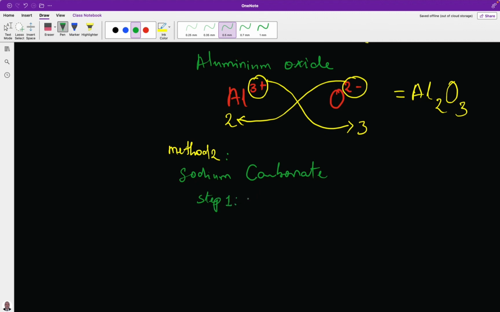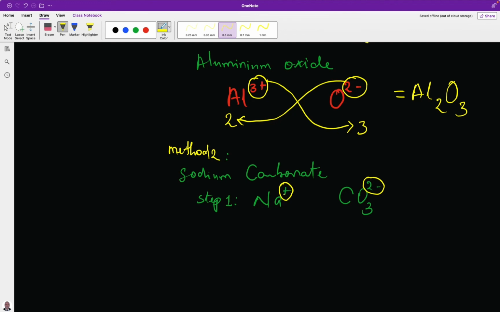Step number 1, you need to write the ions. We have sodium and the carbonate. We want to balance the ions. Let's see how we can balance these ions. Here we have a positive charge, and we need to balance the ions so that they can cancel out.